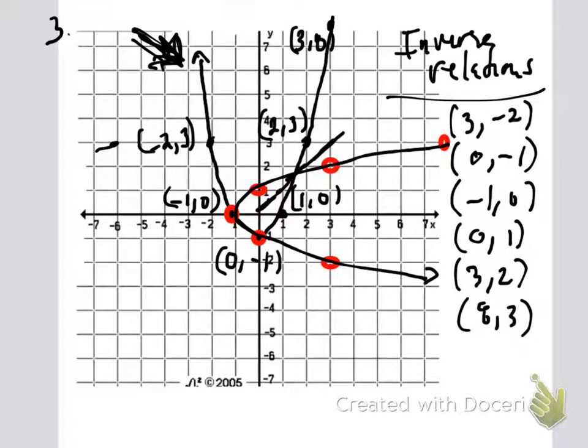So here's the line y equals x, and hopefully you can see it's not too messy. Hopefully you can see that this graph, when it gets reflected across this line, y equals x, gives you this graph, and that's the inverse.